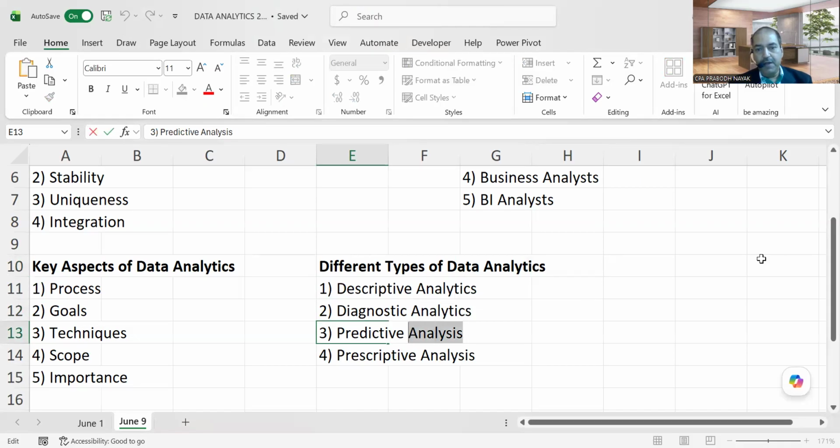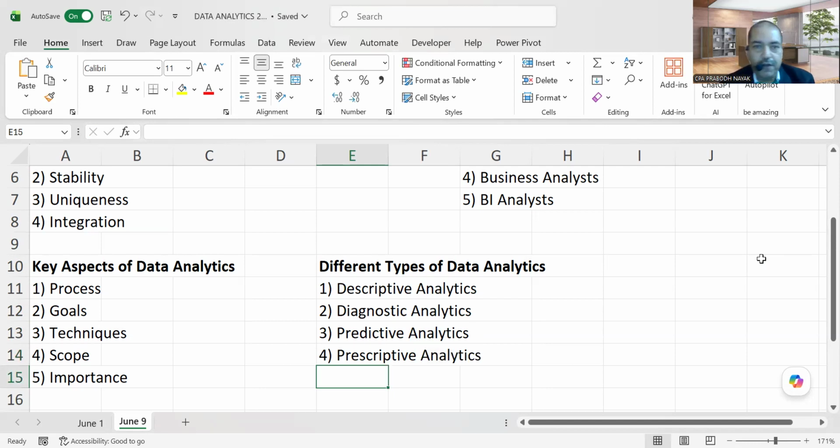Actually, there is a technical difference between analysis and analytics, but we don't want to go into the depth of that because that is irrelevant for our purpose now in the internship. There is a small difference between analysis and analytics.